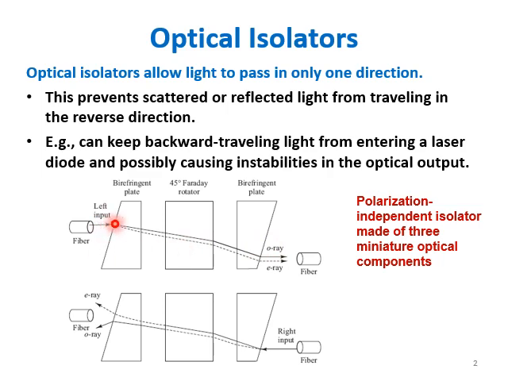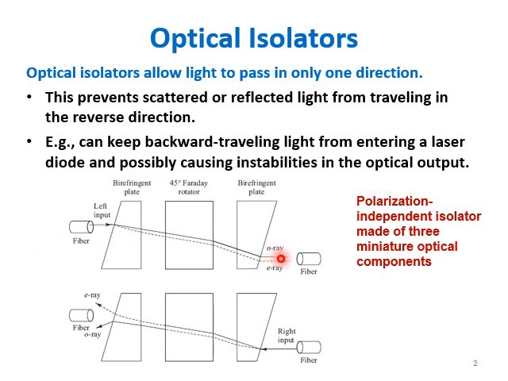What happens is the light is divided into two different rays. As you can see, when the light emerges from the input side on the left to the right side, we find an O ray and an E ray. The light propagations are different, so the light can pass in one direction, but scattered or reflected light traveling from the other direction is blocked.